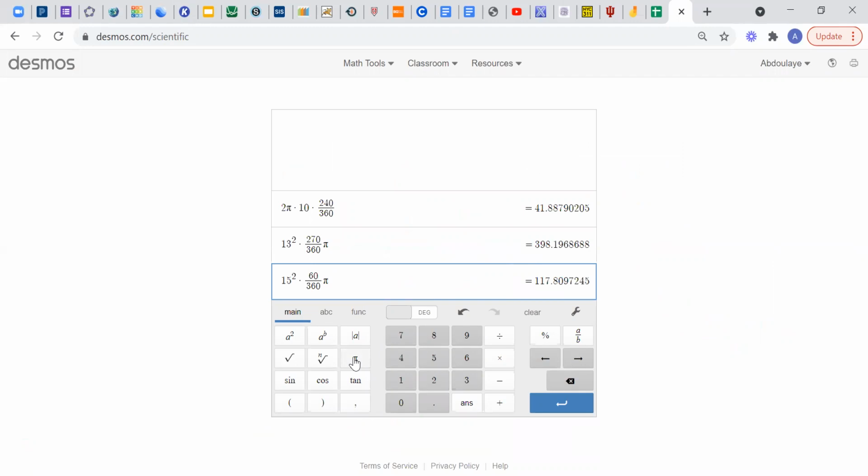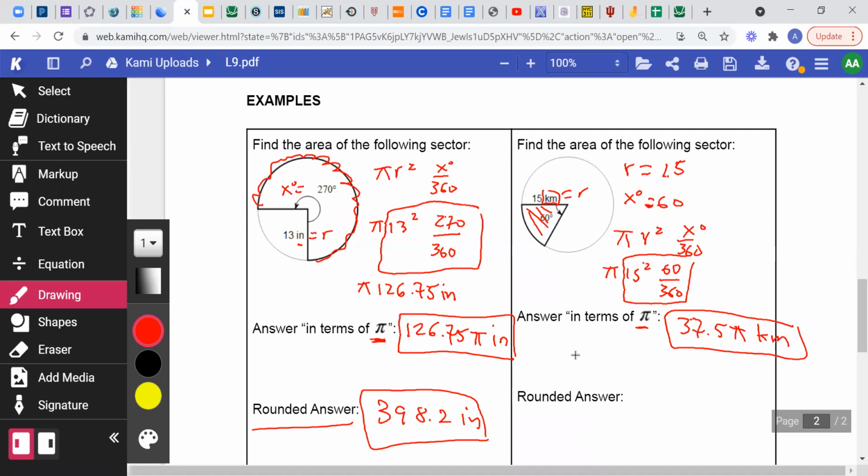So the 0 can go, and the 8 will be left as one digit after the decimal point. Okay, so here we're going to have 117.8 kilometers. And I'm sorry, for the area, the unit is always in unit squared, okay?